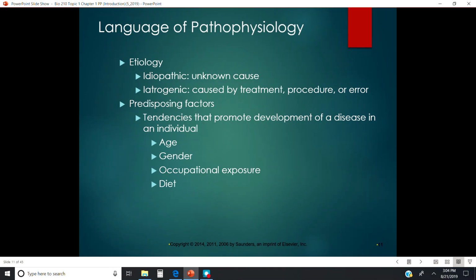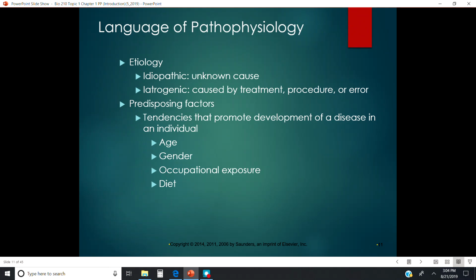If a disease is caused by maybe the treatment from a doctor or a physical therapist, some type of procedure, maybe like a surgical procedure, or maybe even an error in a prescription, we say that the etiology is iatrogenic, right? So it's being caused by some type of medical treatment or procedure. Okay, so that's the term etiology.